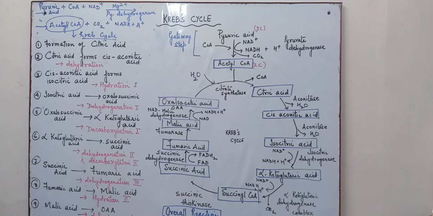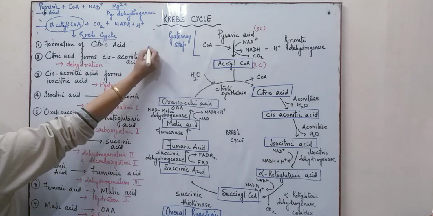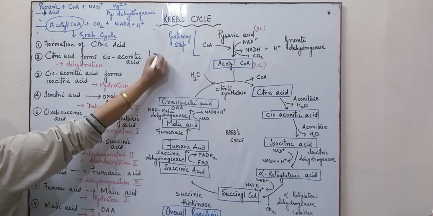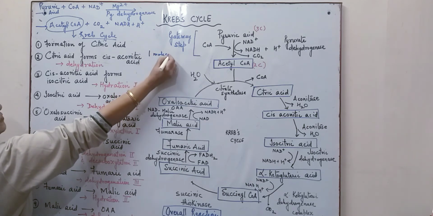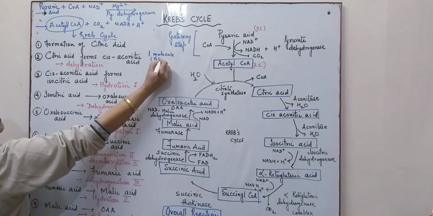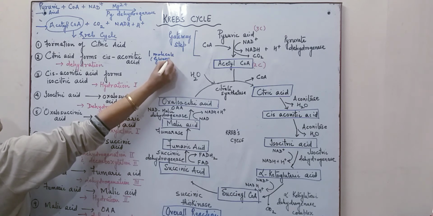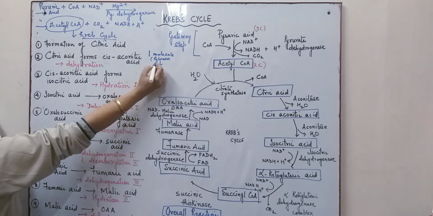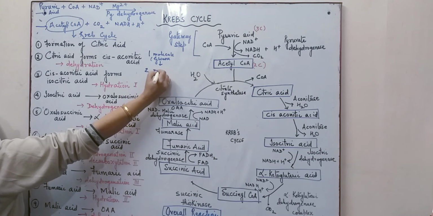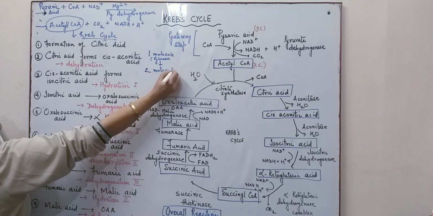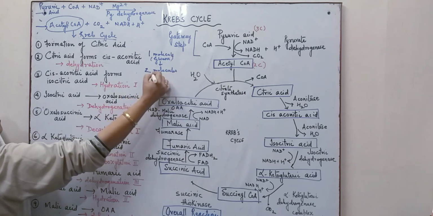Now, over here, if we cut short, one molecule of glucose breaks down into two molecules of pyruvic acid.